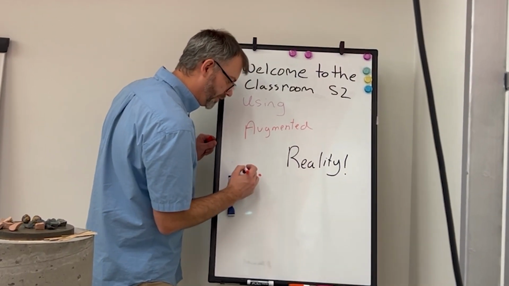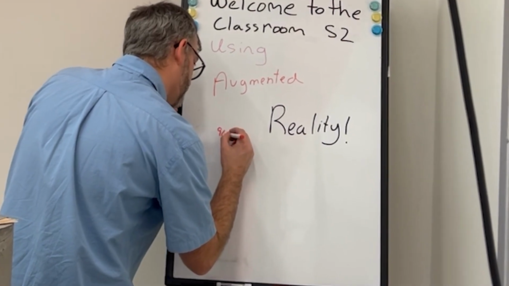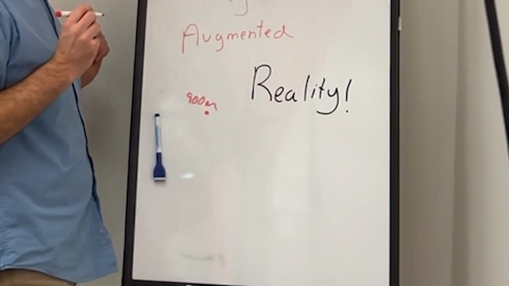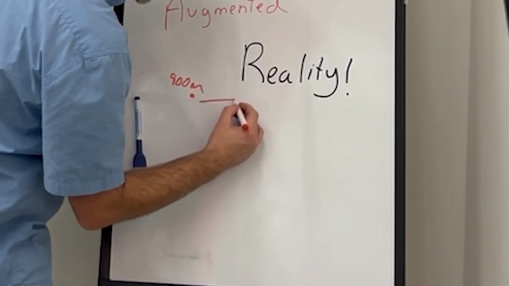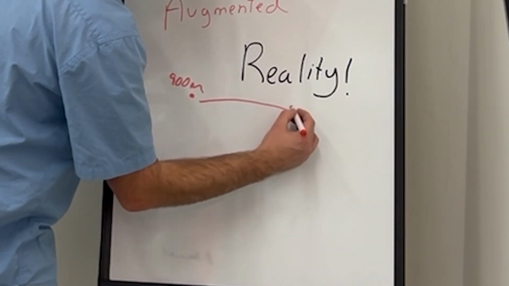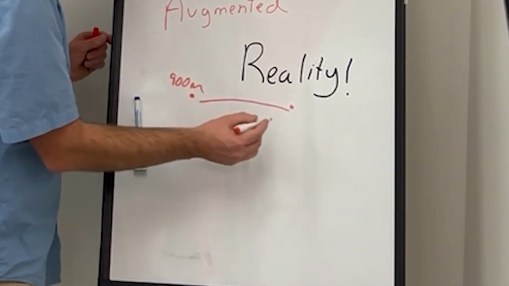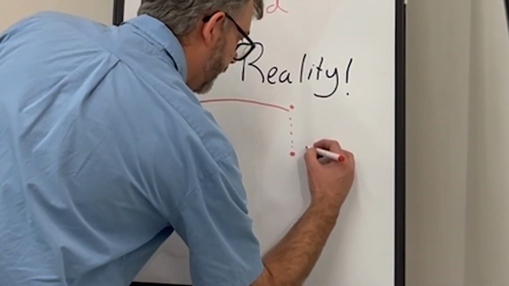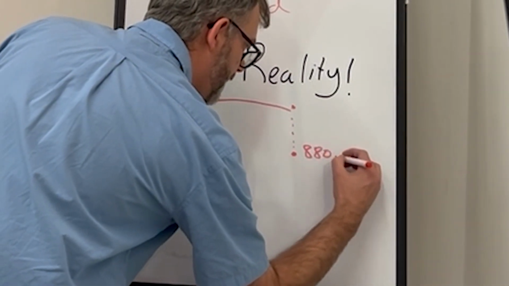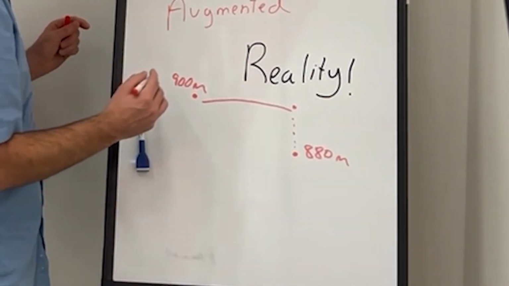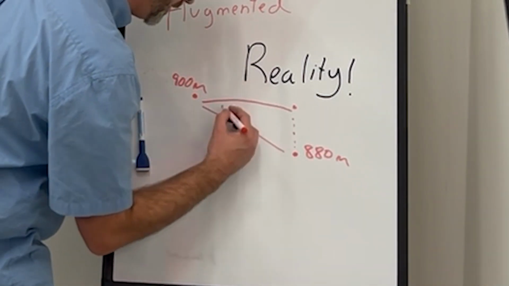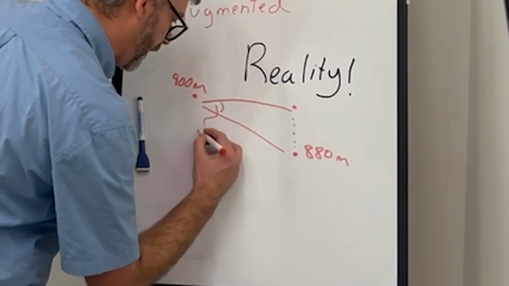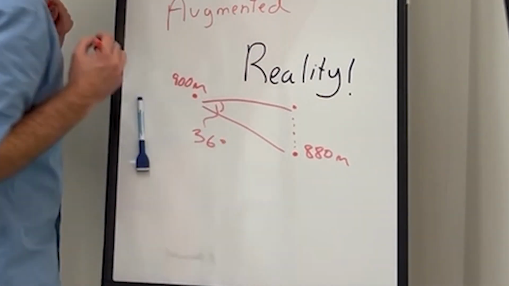So we have a point in space, 900 meters. Somewhere over here, we have a point in space that's directly above the contact at 880 meters. And so we know this angle, we'll call it 36 degrees.